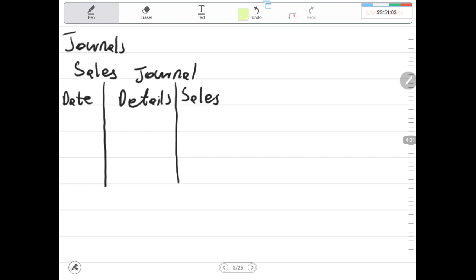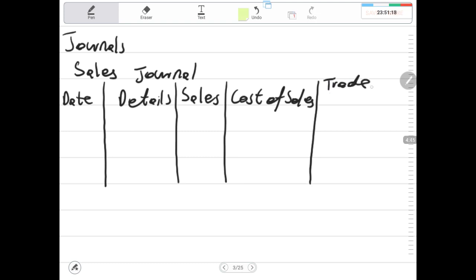Then after, there will be a column called sales, there will be a column called cost of sales. Then after this column, there will normally be a column called trade receivables. Then after, there will be a column called VAT, which is normally output VAT, but I'm not focusing on VAT.